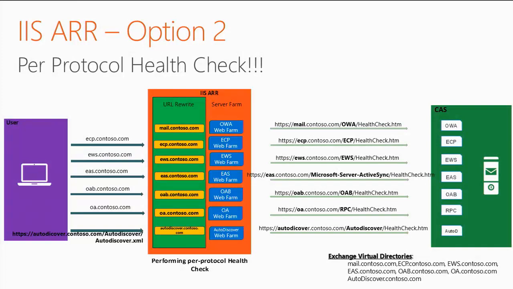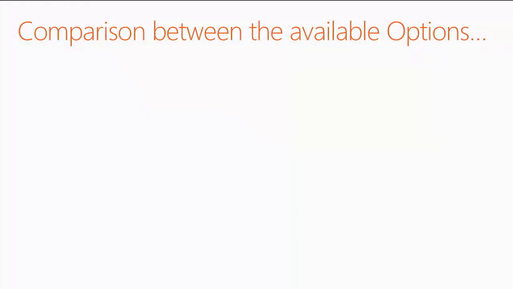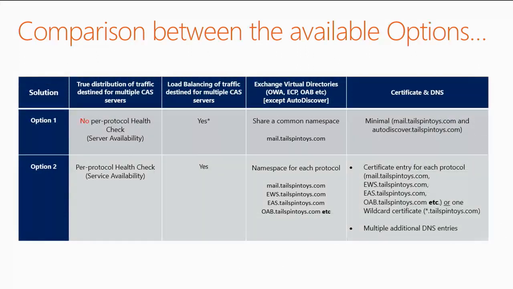No. It's all taken care of anyway. The only thing that he's probably going to remember, that he's always been remembering from the past, is mail.contoso.com. That's the mail URL. So yes, option 1 has some limitations, but option 2 has its own limitations. So let's just put this side by side, just a matrix so that it's all clear.